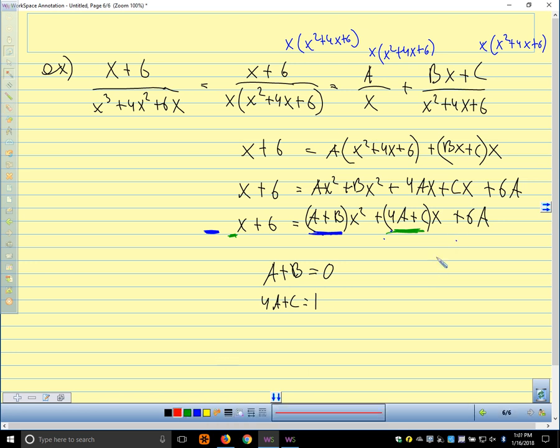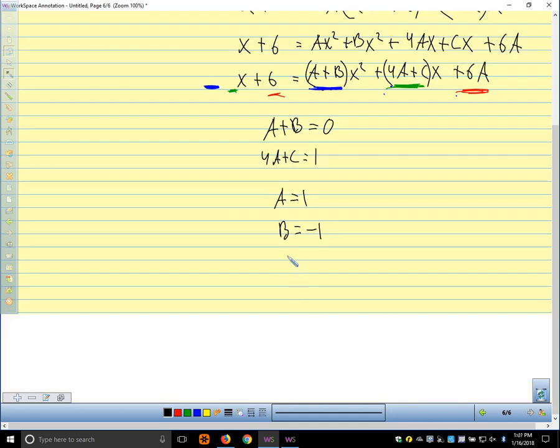There we go. 6a has to equal 6, so a equals 1. From the first equation, that tells us b equals -1. And 4a plus c has to be 1, so c is -3.